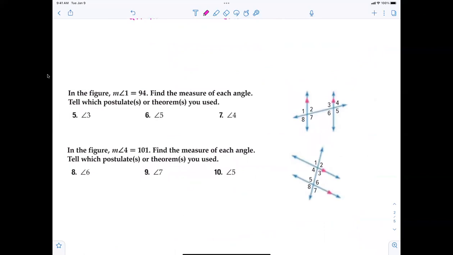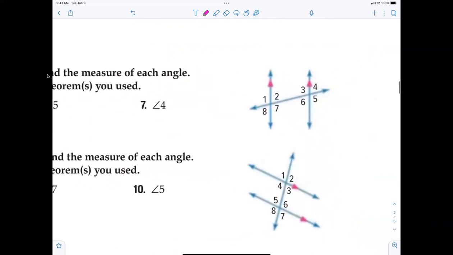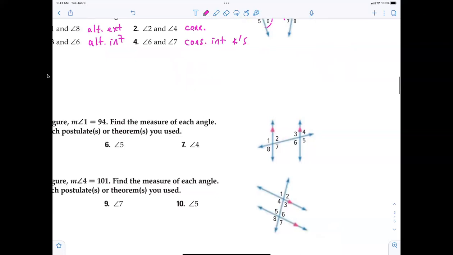Now what I want to do is go back and discuss what has to be true if they are parallel. I guess I could take the time to prove it real quick, but I think it'll be easy.